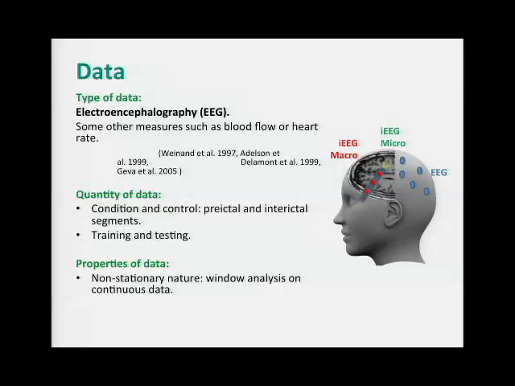Then we also have to think about the properties of the data, because EEG data is completely non-stationary, and this makes us take a different approach to analyze it, usually window analysis. So we would also like to have a good quantity of data to do a sliding window and analyze our continuous data.